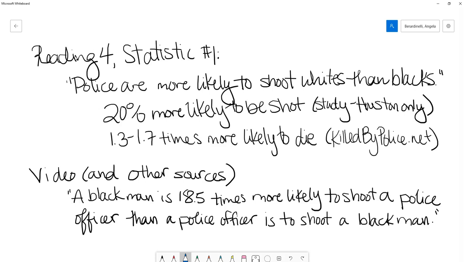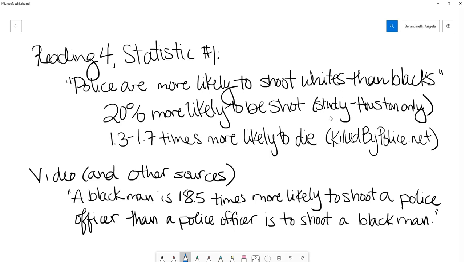So to remind you briefly of what was found in reading 4, the specific claim that we're investigating is, quote, police are more likely to shoot whites than blacks. And that was supported by 2 different studies that we looked at in the previous video. The first claimed that whites were 20% more likely to be shot than blacks.